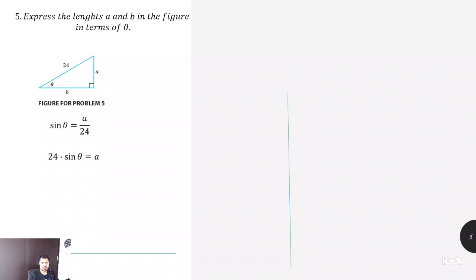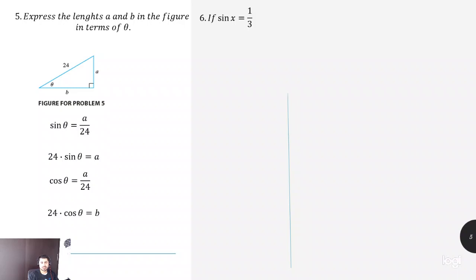So then just solve for a. 24 is dividing, go to the other side, multiplying. The cosine of theta is exactly equal to the adjacent, so that's wrong. It's not a, it's b. So then you have cosine times 24 is equal to b.